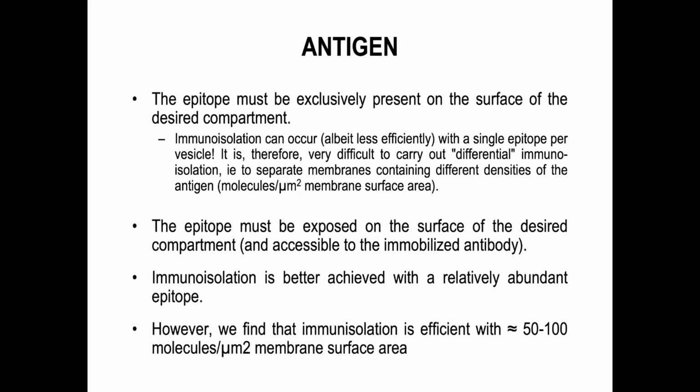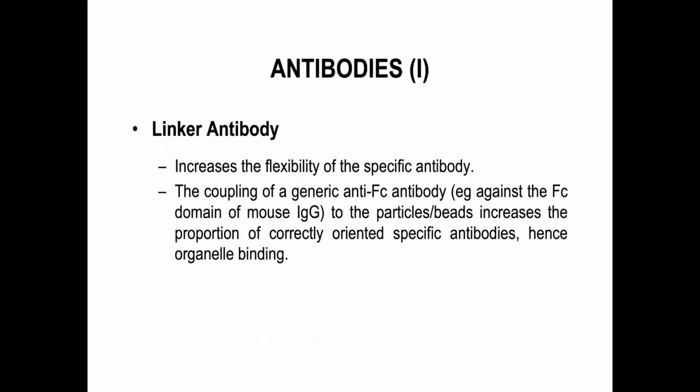Of course, in order to be efficient, the epitope must have a certain concentration on the surface of the organelle. And immunoisolation is easier when the epitope is relatively abundant. The antibodies also have to fulfill certain prerequisites.